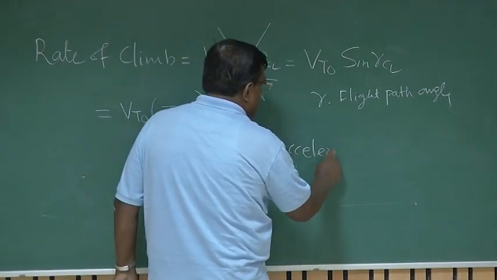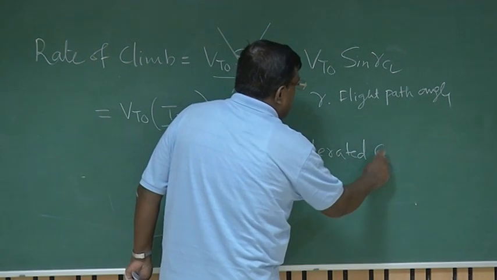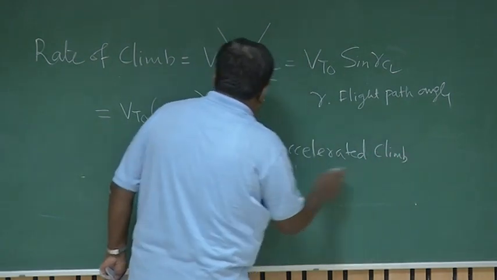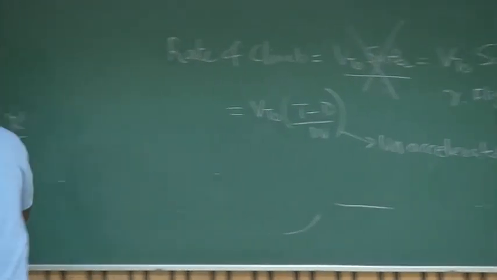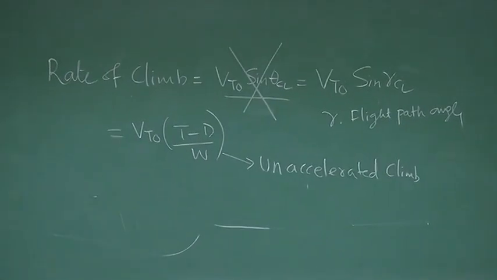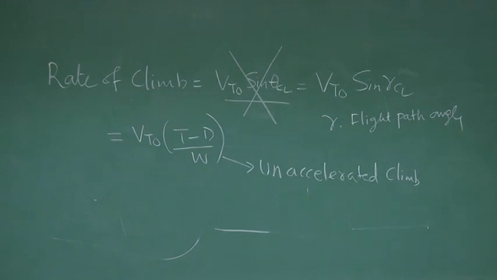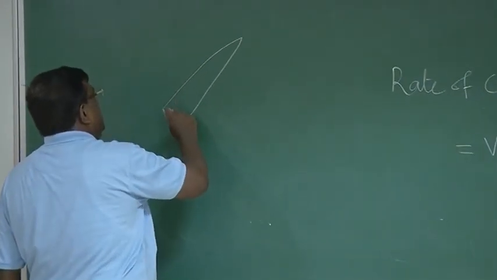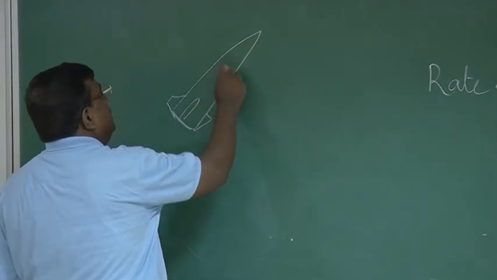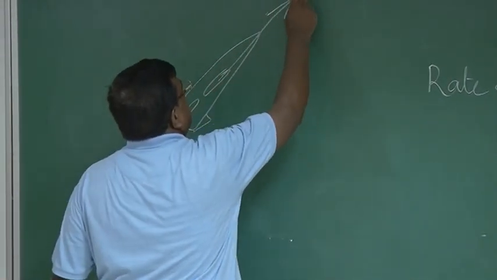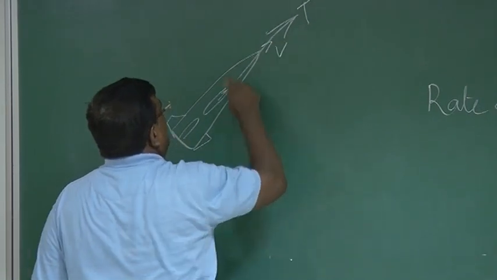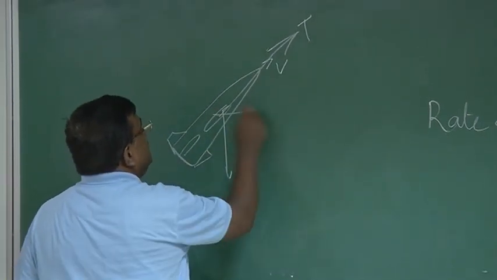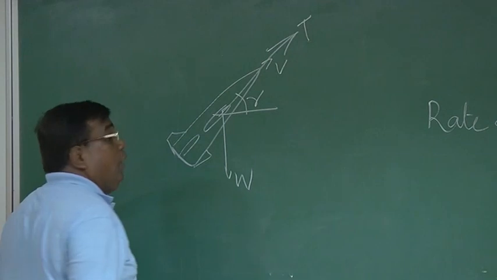Do you want me to repeat? Straight climb, how did it come? Let us revisit, so that you do not have to flip through files. Remember, this is the airplane going with a velocity V. This is W. This is gamma, the flight path angle, not theta.